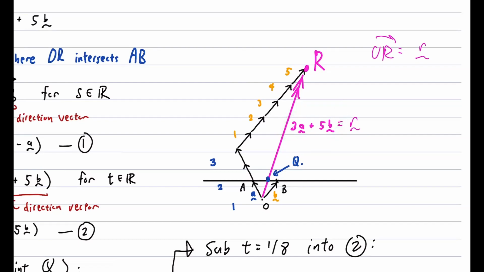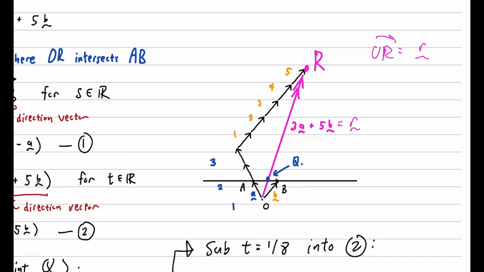So here's the diagram. For a, you take 3 copies, 1, 2, 3. For b, you take 5 copies, 1, 2, 3, 4, 5. So you end up over here. Then this resulting pink vector is vector OR, or just little r, 3a plus 5b.